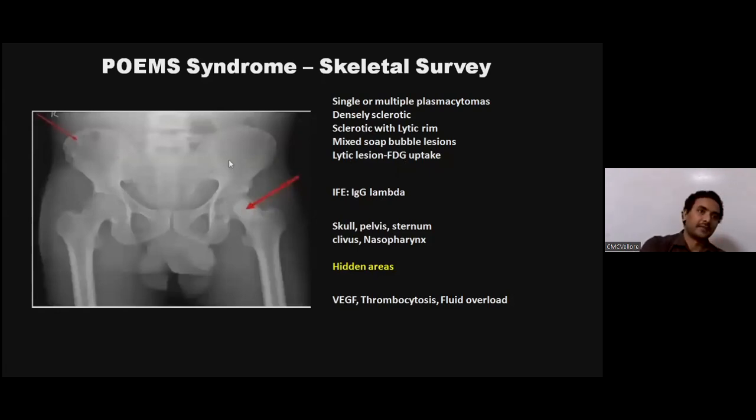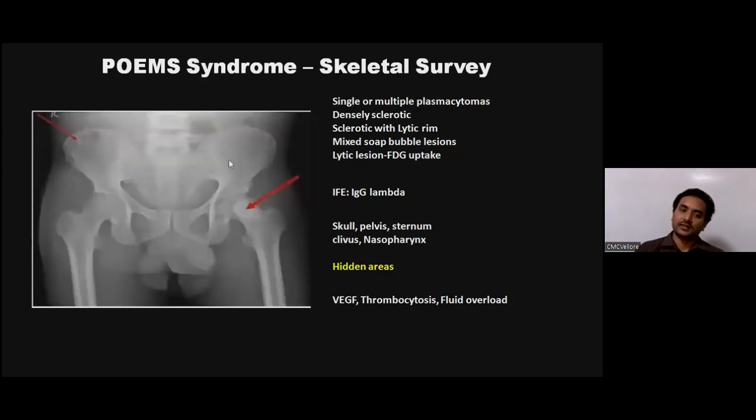A bone PET, yes, every patient. IFE, IgG lambda. There are some hidden areas where we should look for these osteosclerotic lesions: the skull, pelvis, sternum, clivus, and nasopharynx.